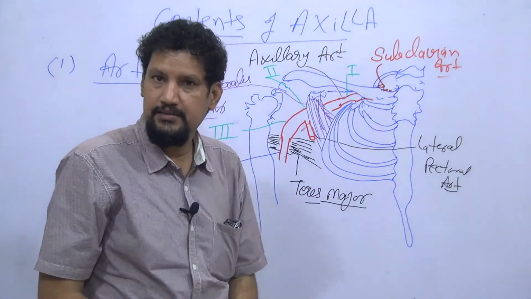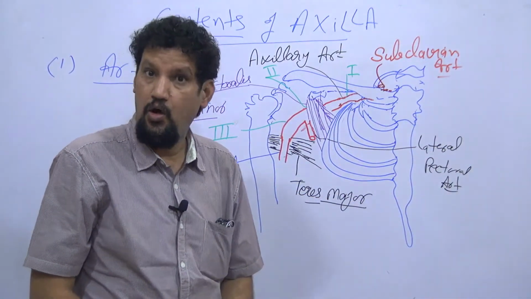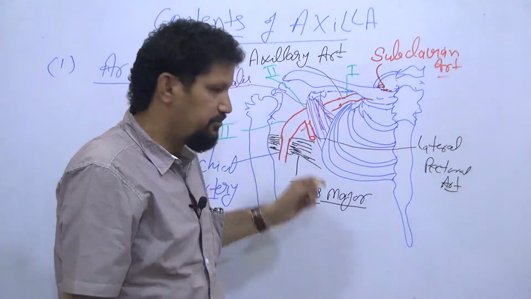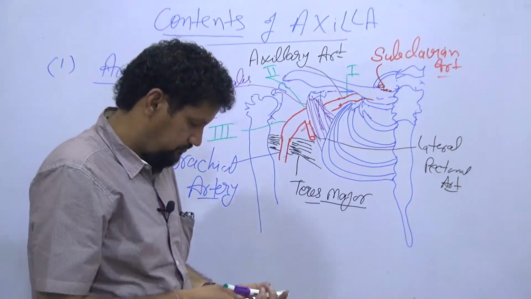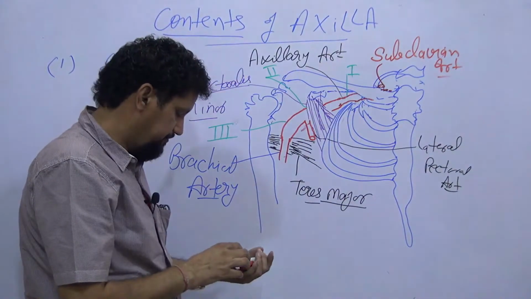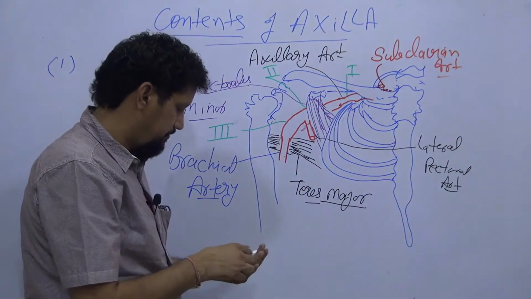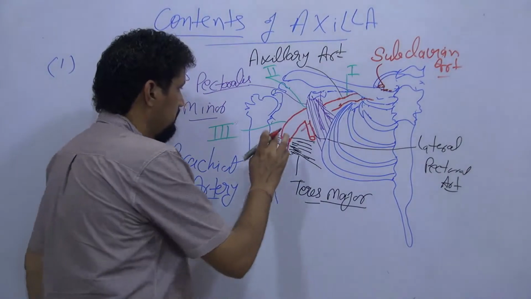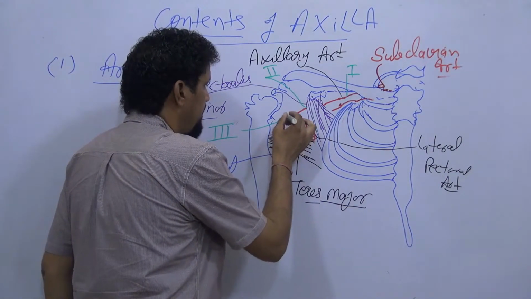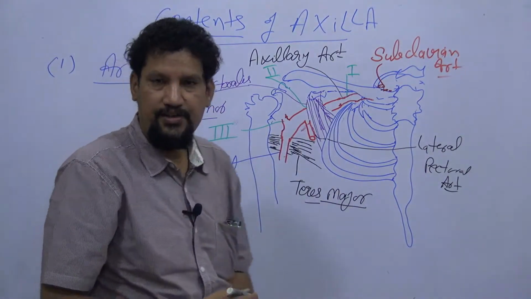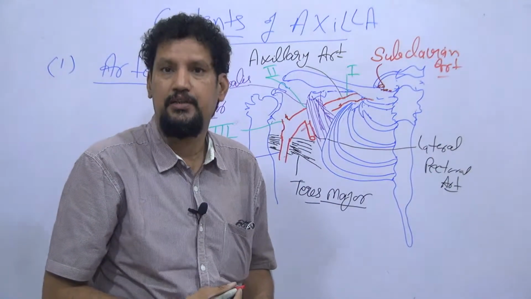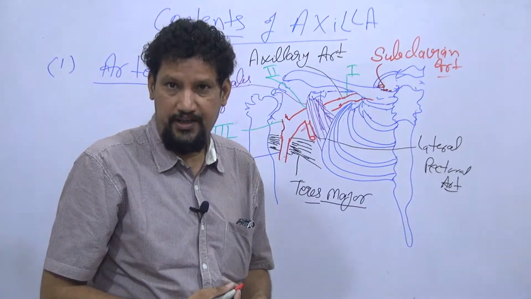Three more branches of the third part can also be seen during dissection: the scapular circumflex, the subscapular artery, running behind and descending downward through the lower border of the subscapular muscle or subscapularis muscle.